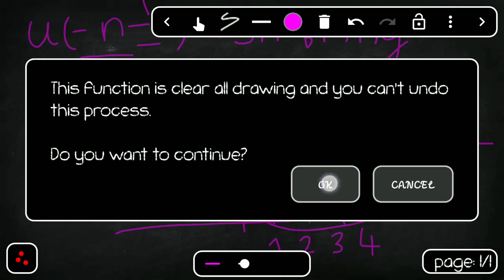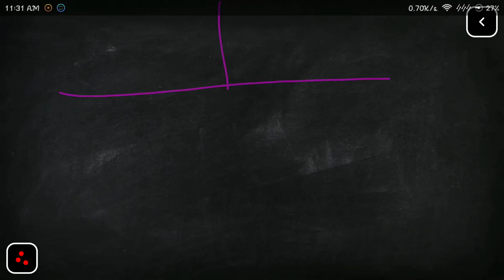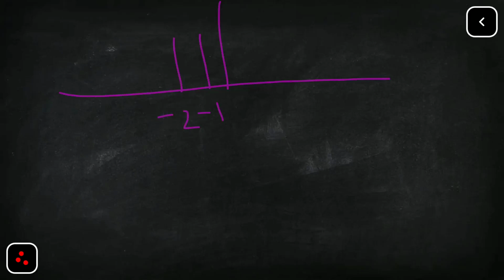So what is your u of minus n minus 1? It starts from minus 1, then minus 2, minus 3 and minus 4, and it continues till minus infinity, and here the amplitude is 1.